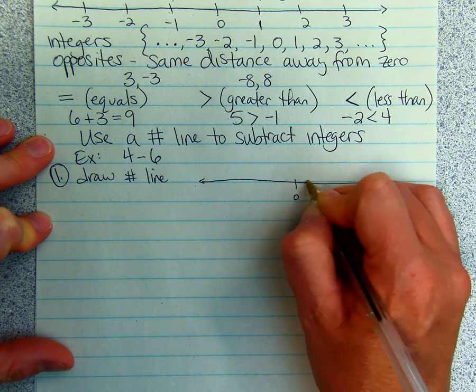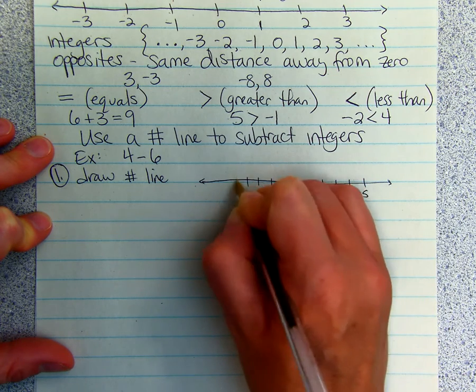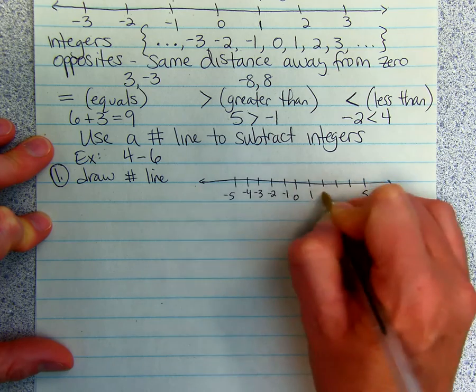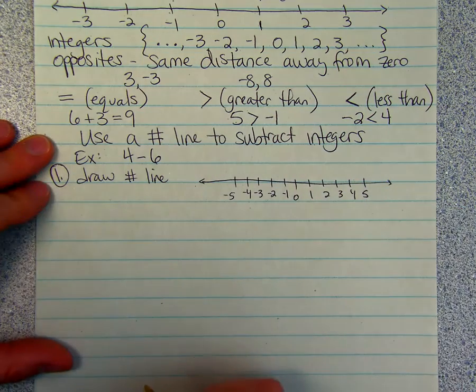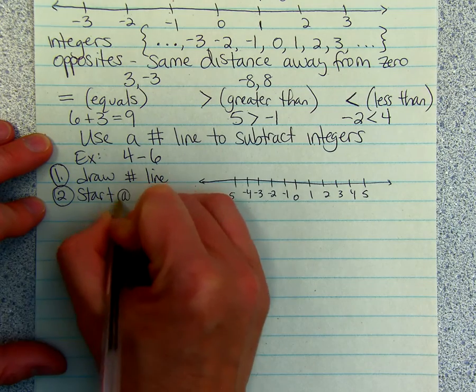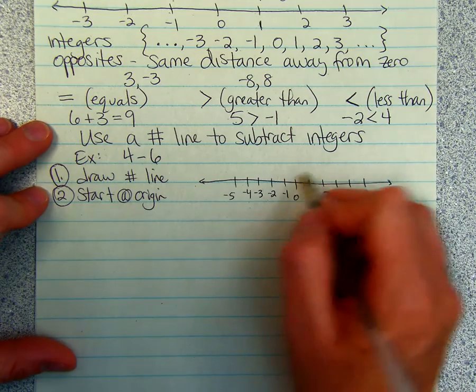Put 0 in the middle. 1, 2, 3, 4, 5. -5. Put in your other integers. And number 2, start at the origin. Now the origin is the number 0. So we start at 0.